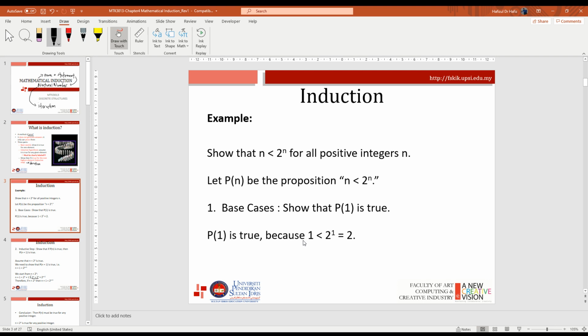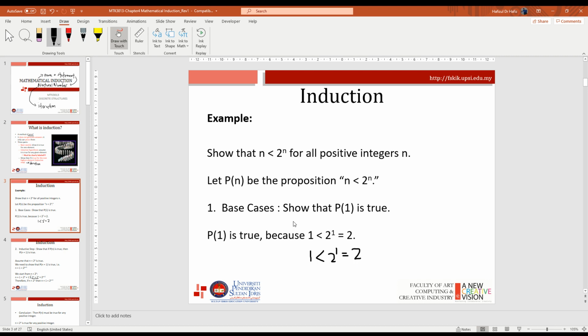Okay, for example, show that n is less than 2^n for all positive integers. Let P(n) be the proposition n less than 2^n. For the base case, show that P(1) is true. So P(1) is true because 1 is less than 2^1, which is equivalent to 2.